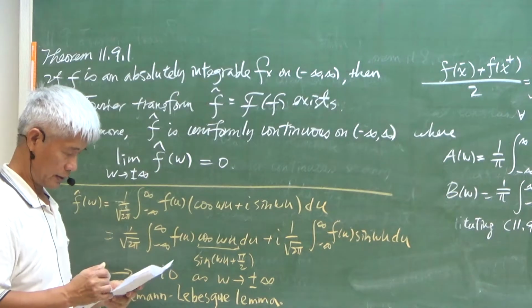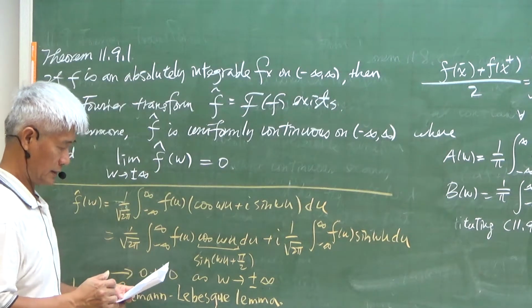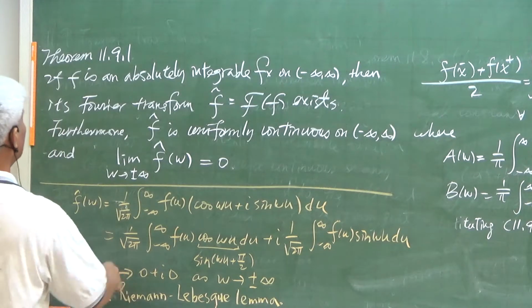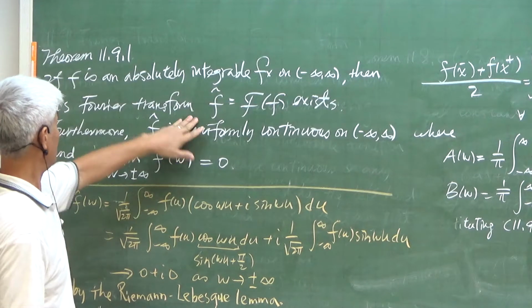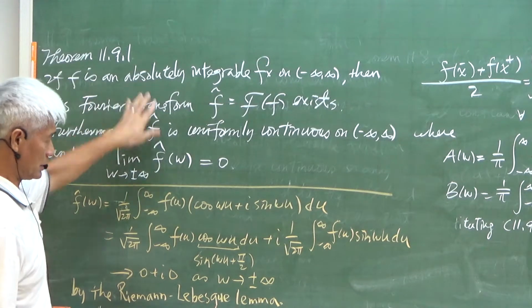So I write a proof. Okay, yeah. The existence of the Fourier transform is obvious from f being absolutely integrable.